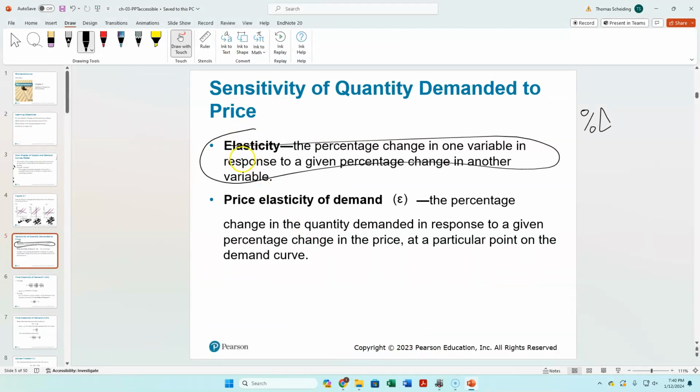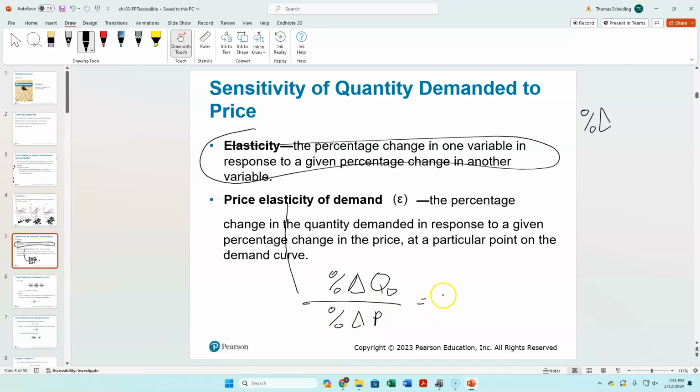It's not always going to be with respect to price, because it could be with respect to other things. Here, when we're looking at price elasticity of demand, we're talking about the percentage change in the quantity demanded over the percentage change in the price.